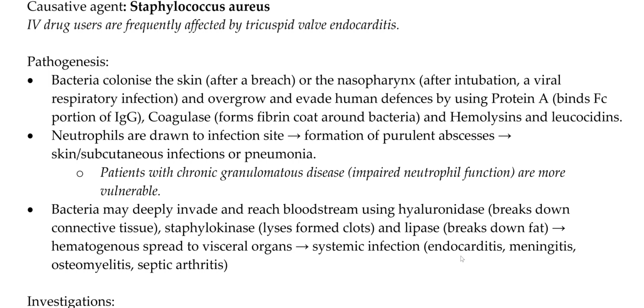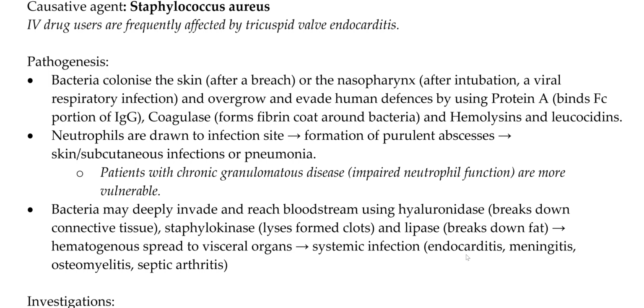Now, which investigations should be done in a suspected case of endocarditis? We will learn in detail about endocarditis in the upcoming sessions, especially in the streptococcus bacteria. But for now, just understand that endocarditis is an infection of the endocardium of the heart. And there are two ways by which you can detect it.